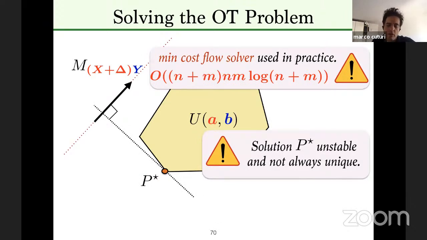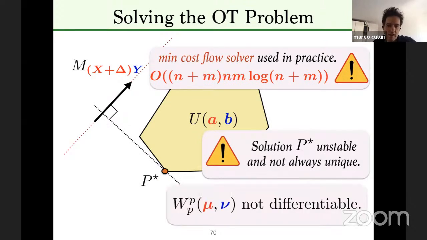In other words, if you instantiate it on discrete data, the Wasserstein distance between two discrete measures is not differentiable. It will have a sub-gradient, somewhat. You will be able to linearize it locally, but there will be some issues associated with this.